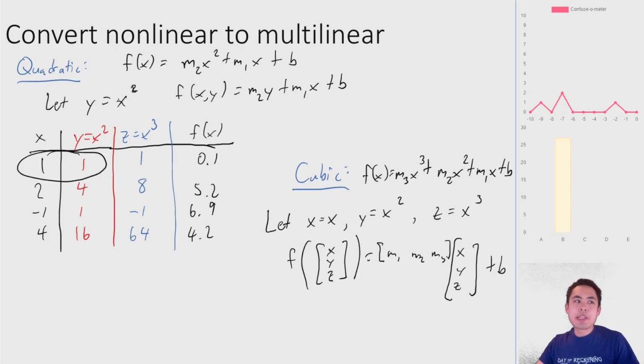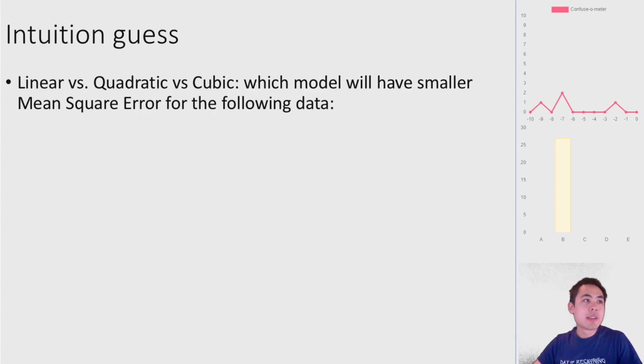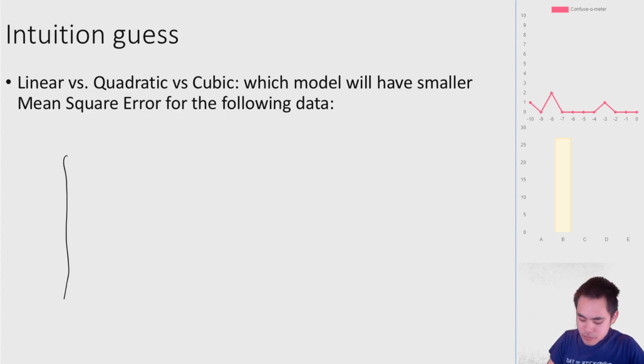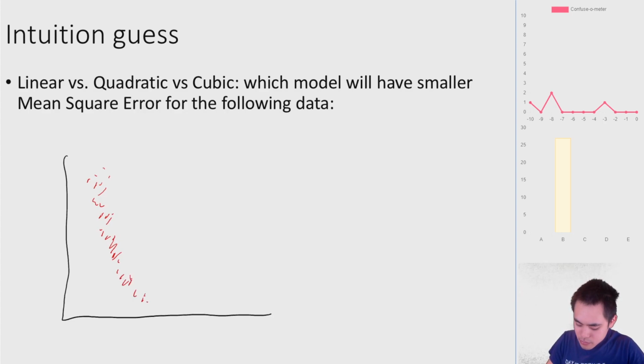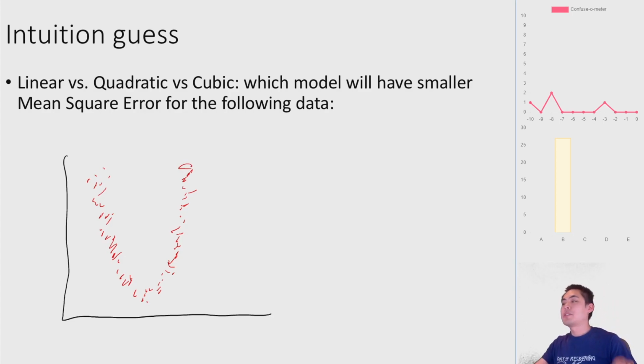Now, you have to be a little bit careful about too many parameters. So let's suppose that I give you a model, and I'm going to ask you which of these models will have a smaller error. Okay, so I have something that looks like that. And let me reset my poll.